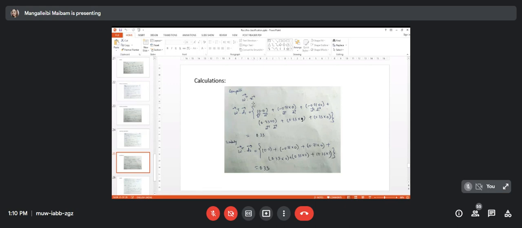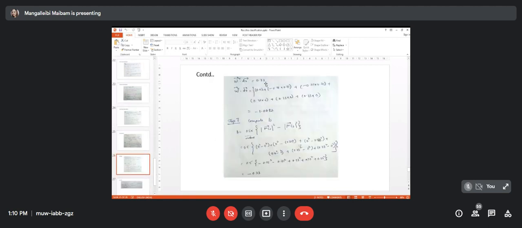Then x vector is all the documents, D1, D2, D3 and D4. So you do a dot product and find this dot product value. It is 0.33 with D1, 0.33 with D2, 0.33 with D3, and with D4 it is minus 1 point something. That value we will be using for our calculation.